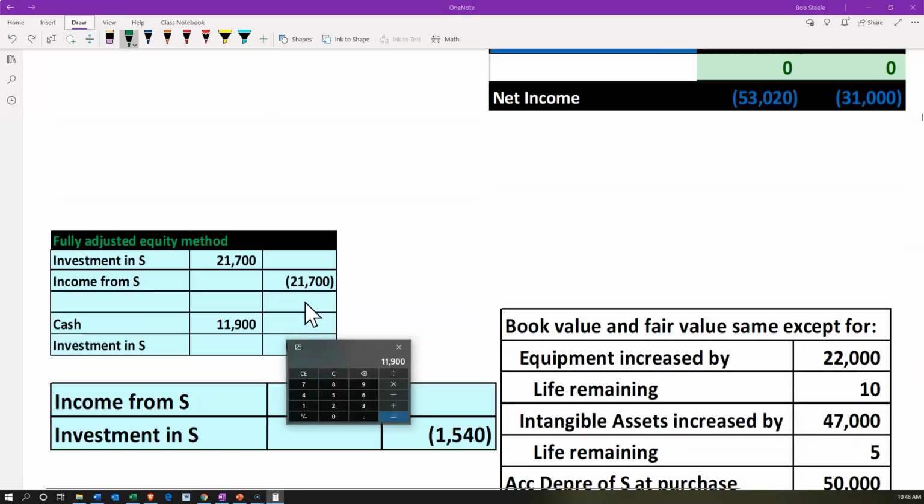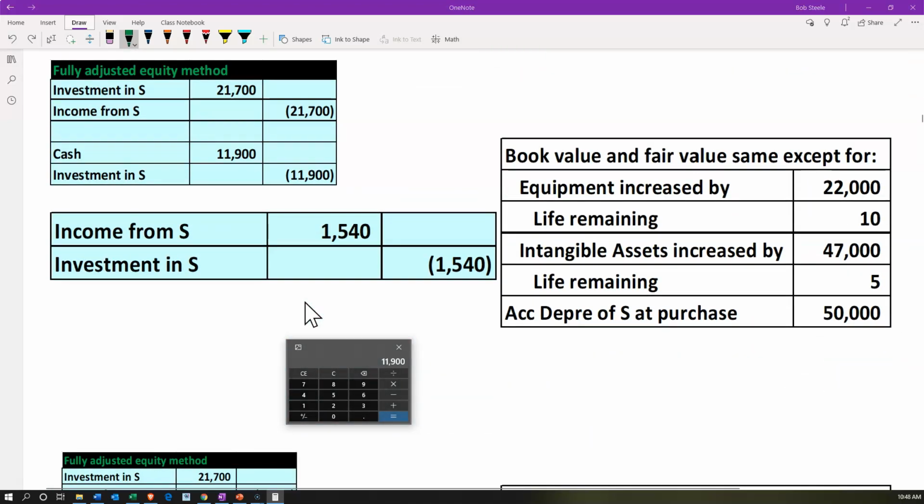All right. Then we're going to do the not so standard, but something we've seen in the past equity stuff, which is that we have to adjust for the fact that we have this difference in depreciable assets. Those differences in depreciable assets are going to affect the income statement with regards to amortization and depreciation. Let's think about depreciation first. The depreciable assets are going to be increased by 22,000, which means the depreciation is going to increase.